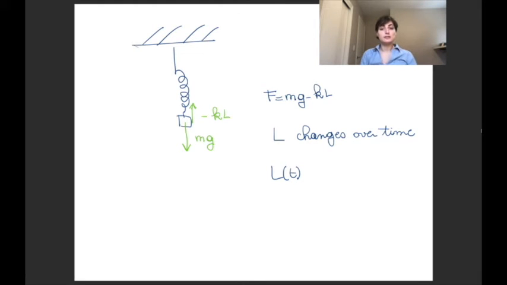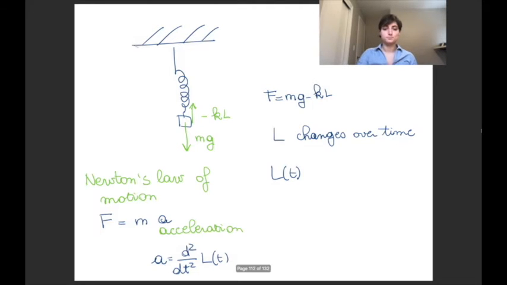Now that we know this, we can look at the force that is applied to the mass hanging from the spring. In one direction you have minus K of L, and you have M of G. In this case, since you have forces applied to something hanging from the spring, we can think of the fact that capital L, the displacement, changes over time. So we're introducing L as a function of time.